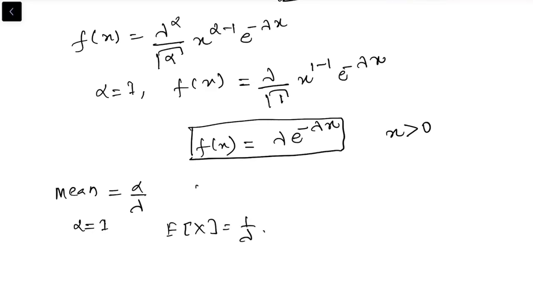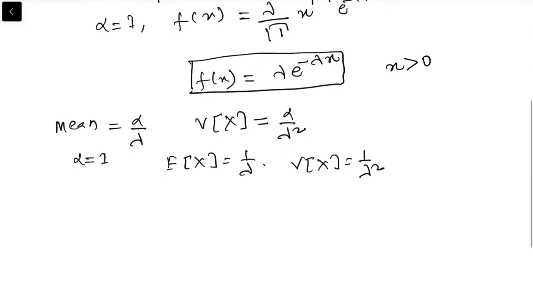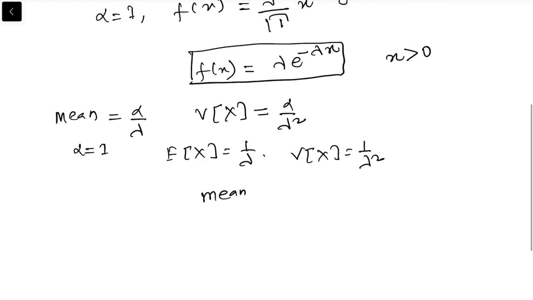Similarly, the variance of the gamma distribution is alpha by lambda squared, so the variance of the exponential distribution will be 1 over lambda squared. So in the exponential distribution, the mean is equal to the standard deviation, and you can equate these because the units of mean and standard deviation are basically the same.